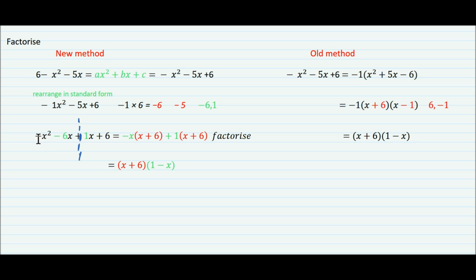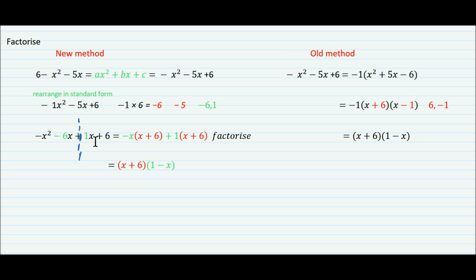Then what you do, this is one expression, this is another expression, and you factorize this and you factorize this. Now if you factorize minus x squared minus 6x, you can see that minus x is common to minus x squared and minus 6x, so you put the minus x outside. You open up the bracket, what's left behind is x plus 6.